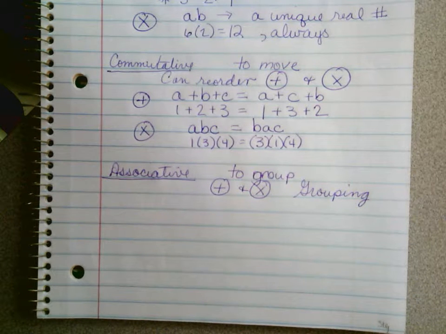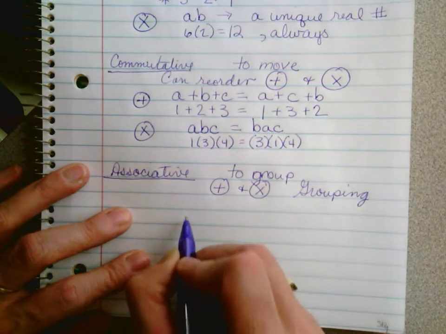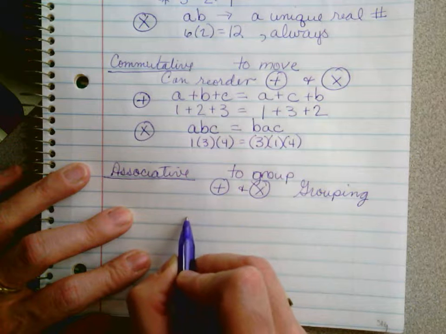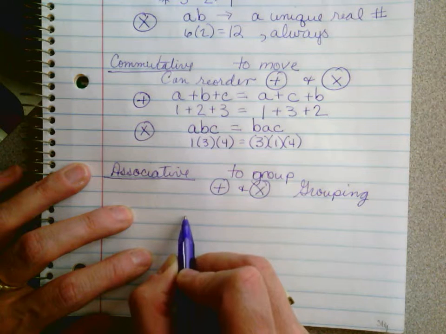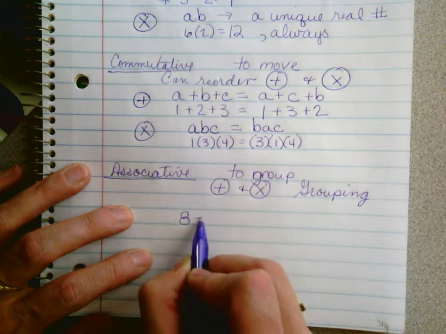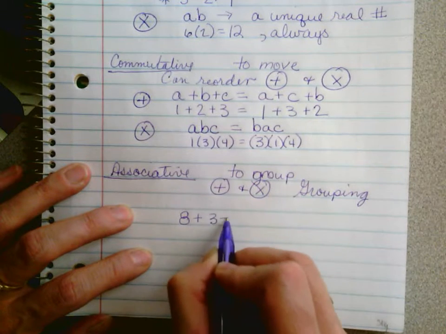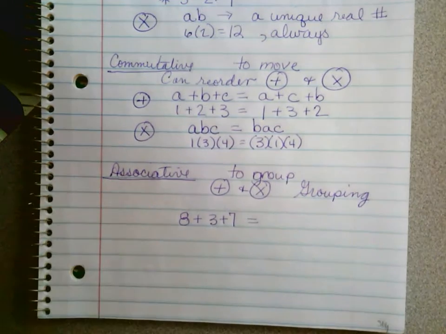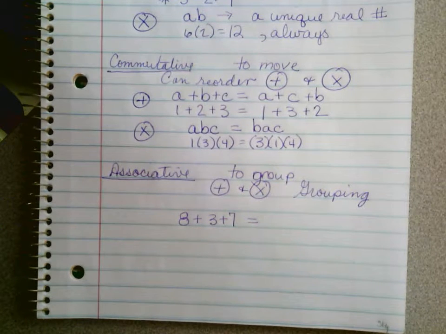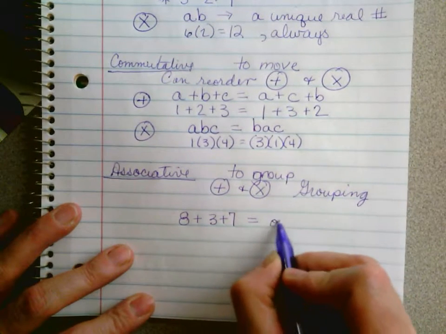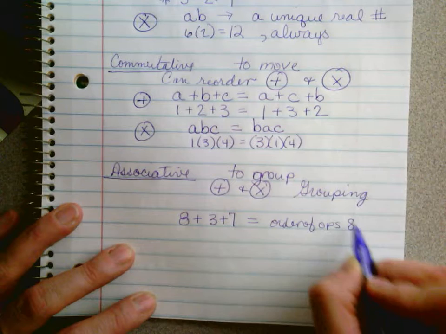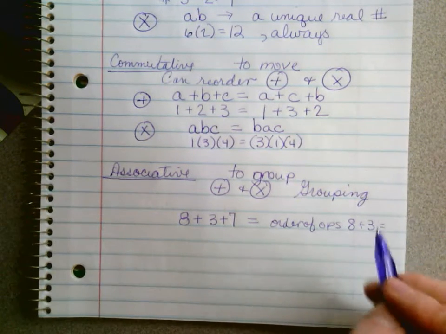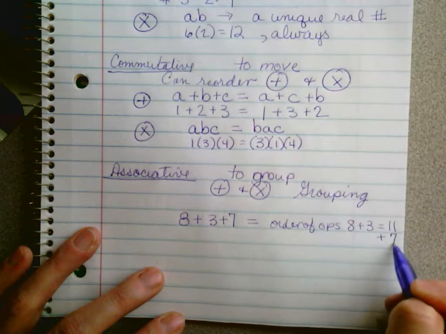So the first one, I'm going to do, trying to think of a good one. 8 plus 3 plus 7. Most of you have no problem telling me that the answer is 18 because the order of operations says to do 8 plus 3, which is 11, and then add 7.